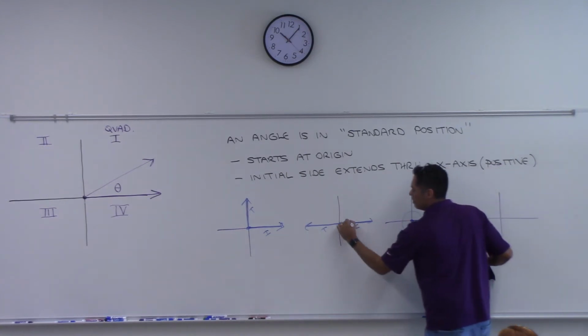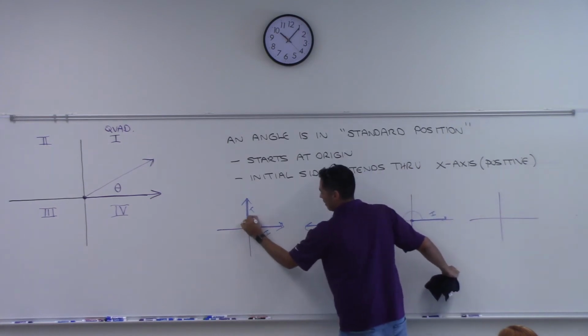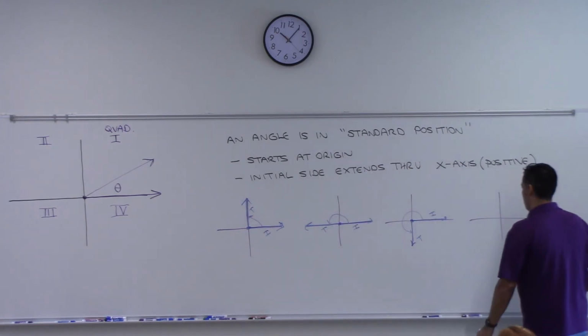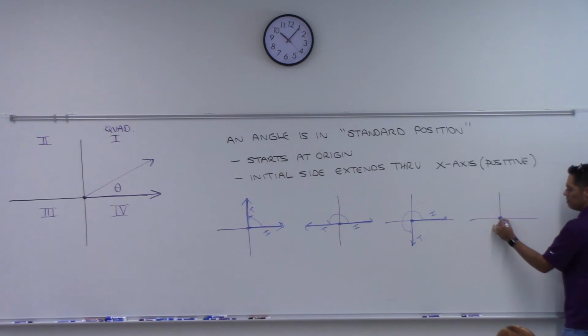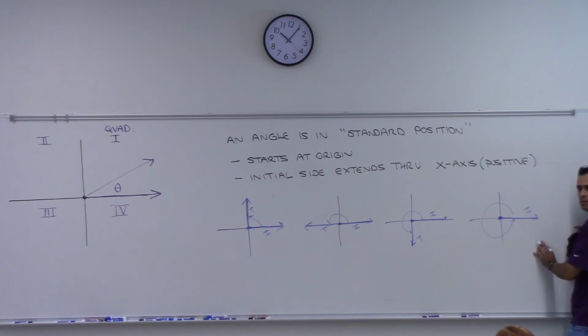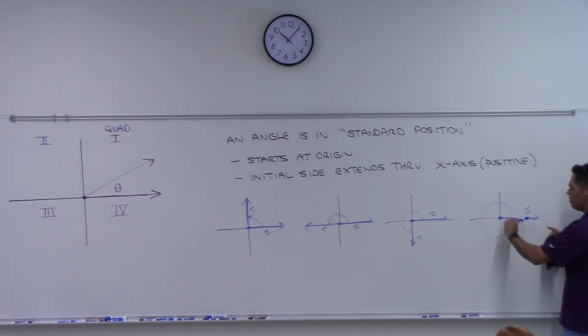There's my angle. And then, could we have this? Initial side, go all the way around, come back and stop there as well? Yeah, that would actually be an angle. The initial and terminal sides are the same. It's kind of weird, but you go all the way around and come back.